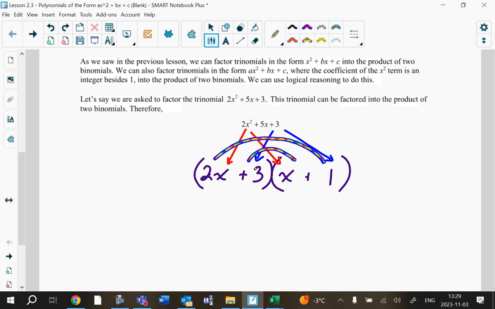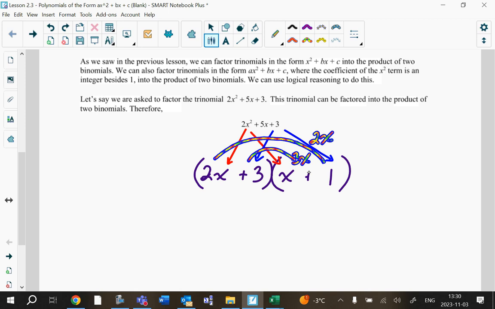What's 2x times 1? 2x. What's 3 times x? When I combine those, what do I get? 5x, which is the middle. So I factored it correctly.